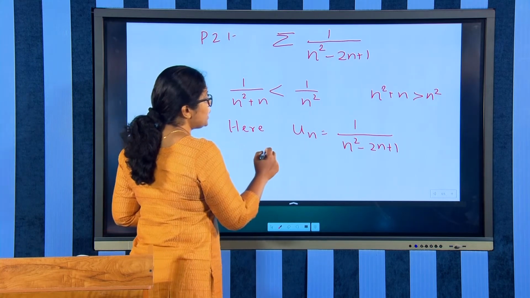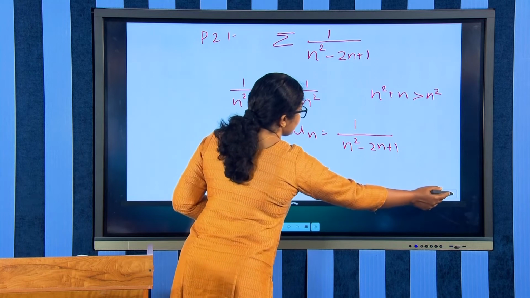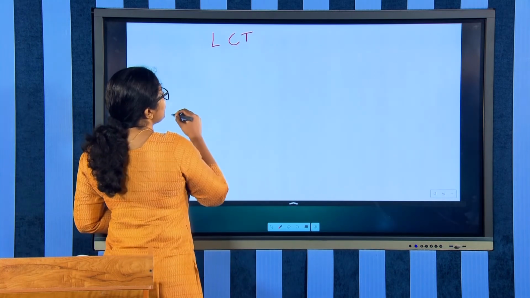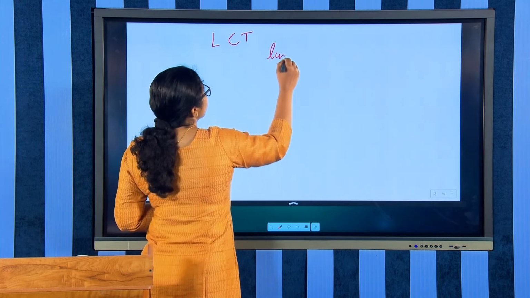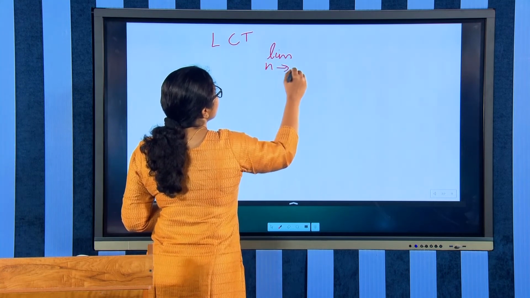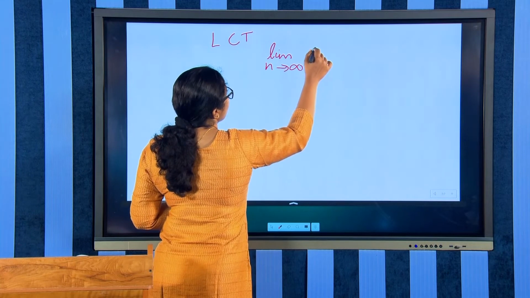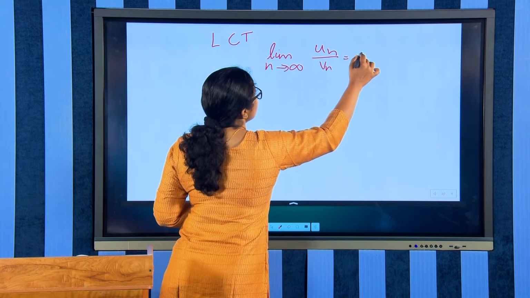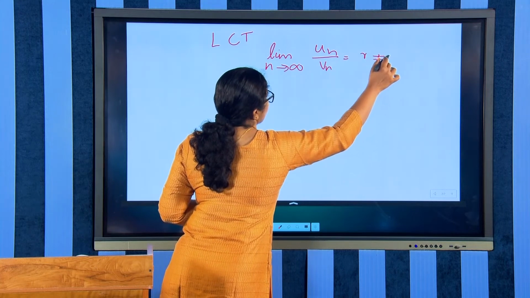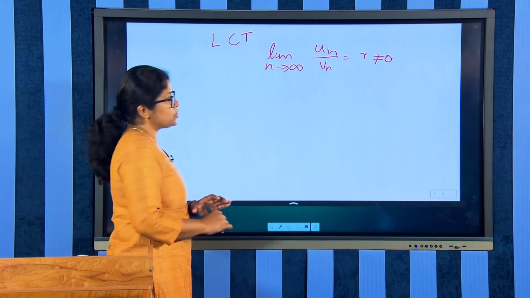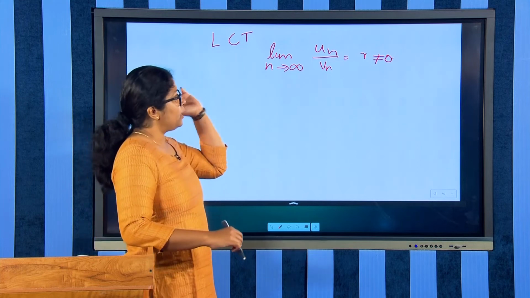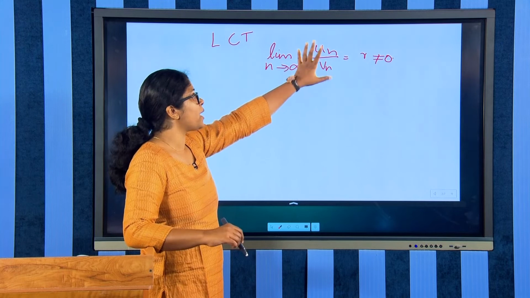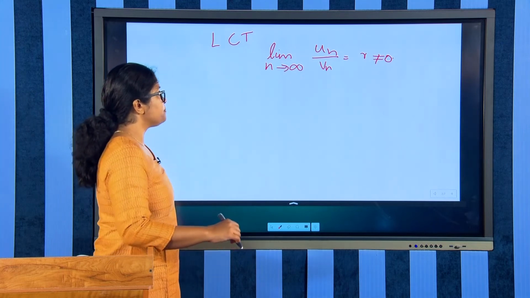For the limit comparison test, what we require is that the limit as n tends to infinity of xn by yn, or un by vn, should be a finite non-zero value. This is what we need to get in the limit comparison test.